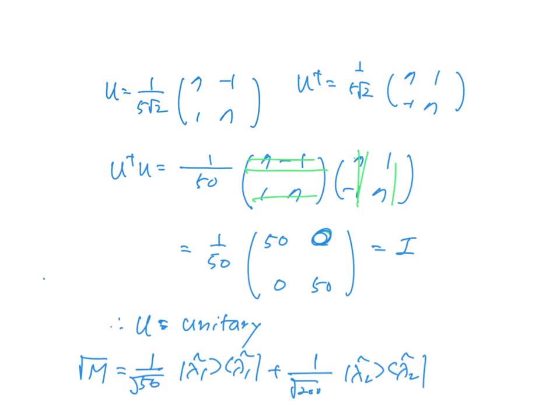So square root of M, seven minus minus, right? So U 7 minus 1, 1. Minus 1, 1, 7, right? So was 7 minus 1, 1, 7.